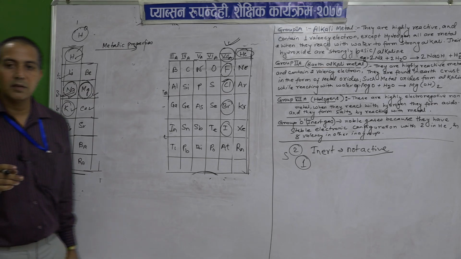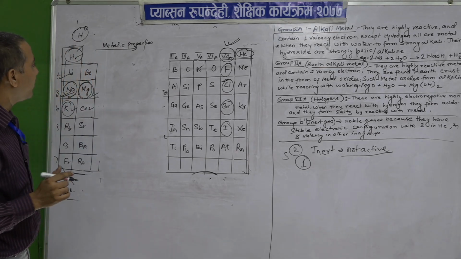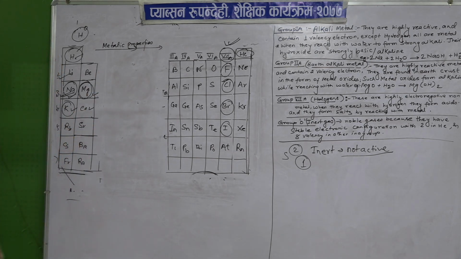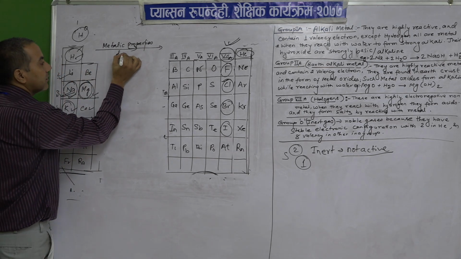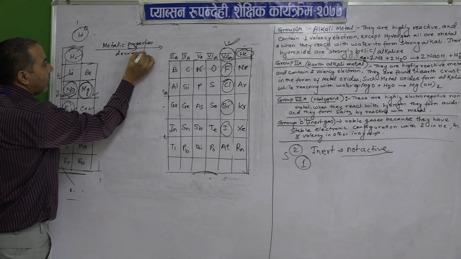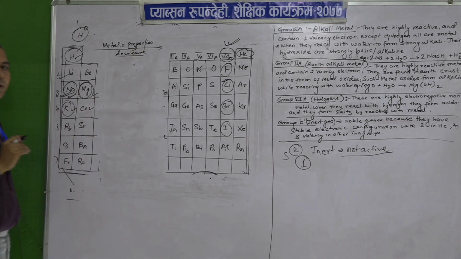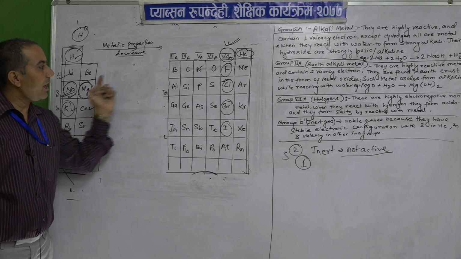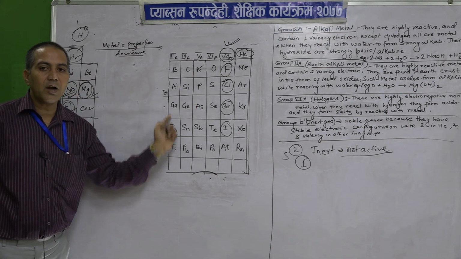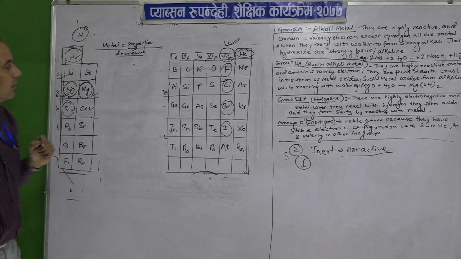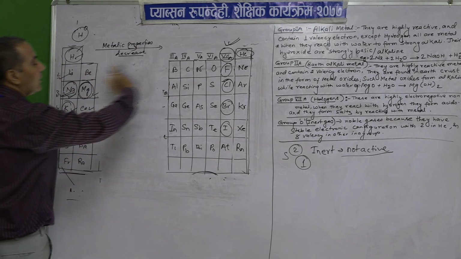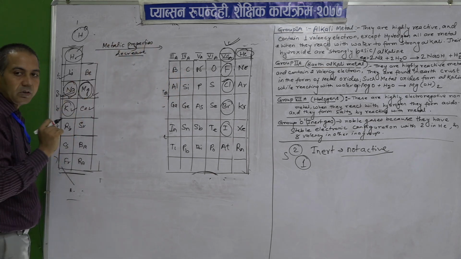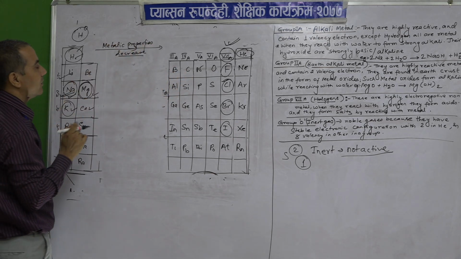Increase or decrease? When we go this side, the metallic property will decrease. Remember that, because it goes from metal, then metalloids, then non-metal. Likewise, when we go along the period in this direction, the metallic property will decrease.